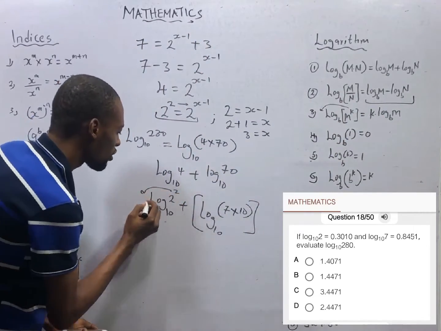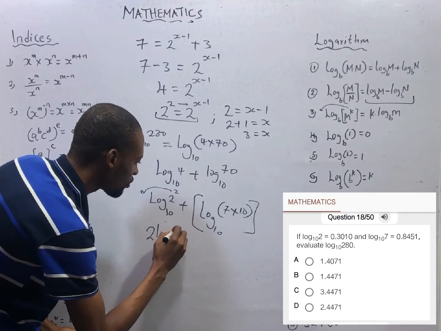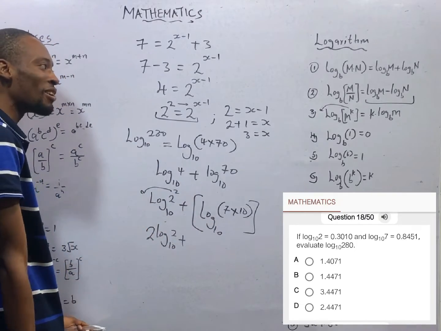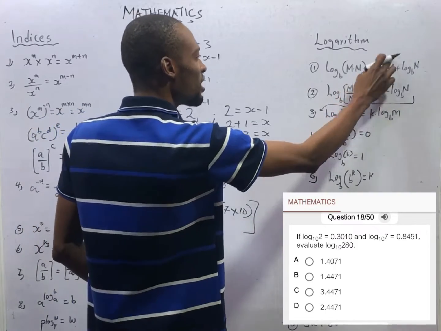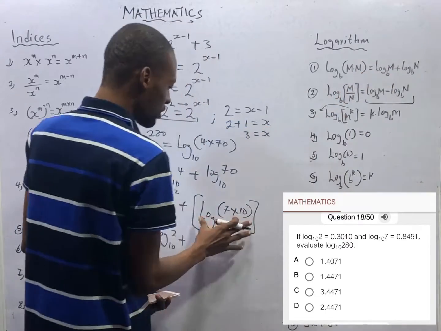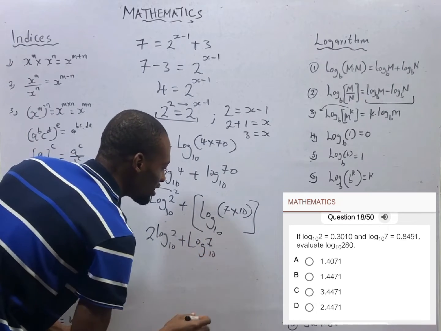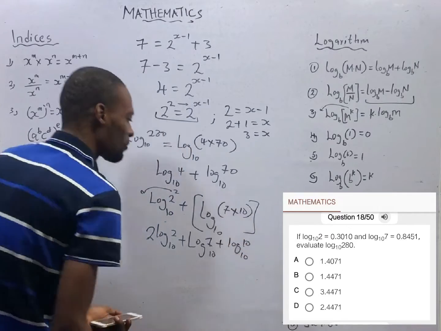Bringing down this power, we have 2 log 2 to base 10 plus, reapplying the law, log m plus log n. So here is the same thing as log 7 to base 10 plus log 10 with base 10.